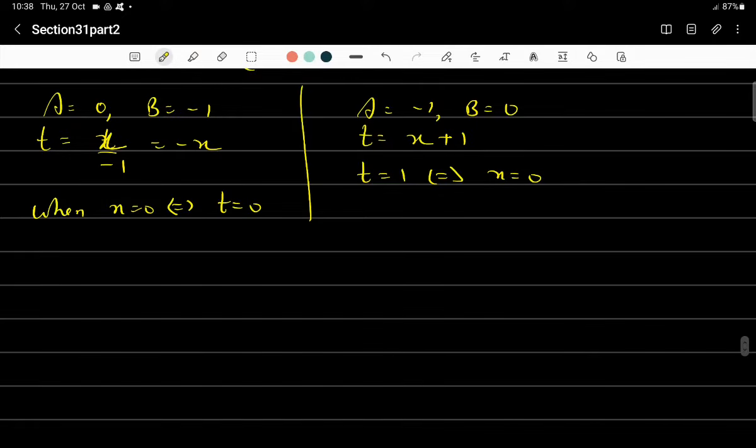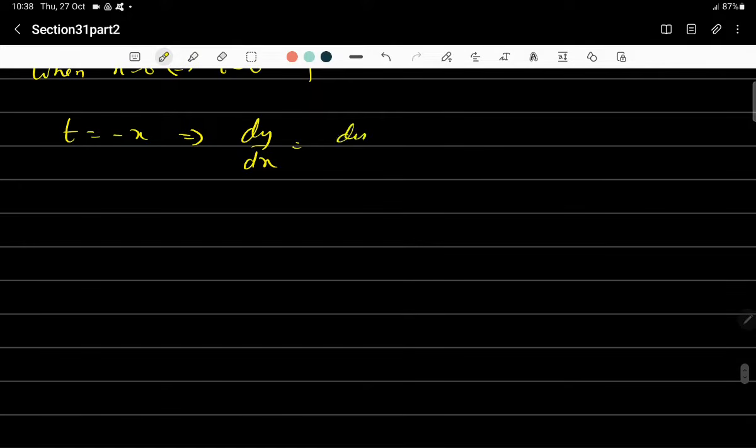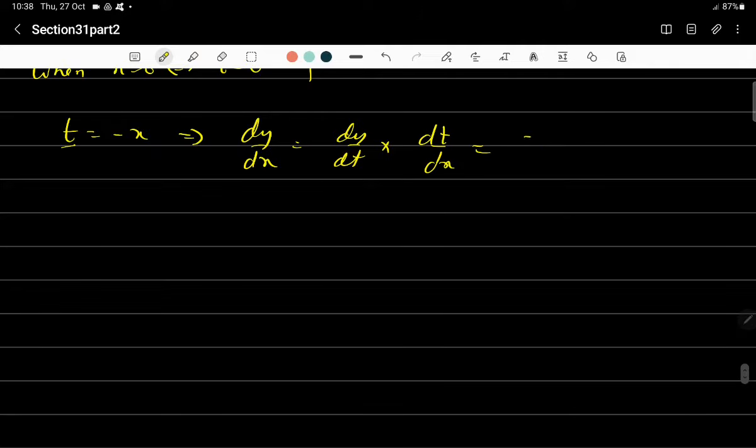So if I consider t is equal to minus x, then my dy by dx is equal to dy by dt multiplied by dt by dx. Now dt by dx is minus 1, because if you differentiate t with respect to x, it becomes minus 1. So minus dy by dt.